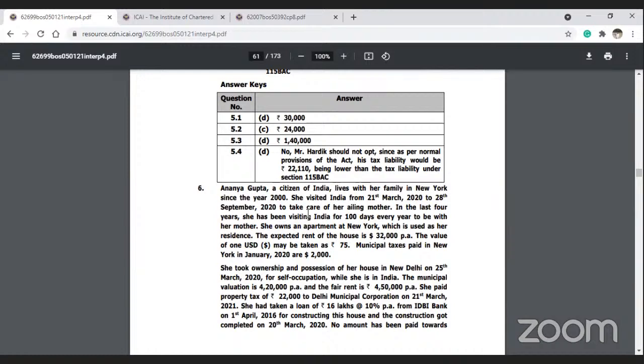And she has been visiting India for 100 days. She is in India for 192 days? No, 181 days. 21 March she visits, April 30 plus May 31, June 30, July 31, August 31 plus 28.